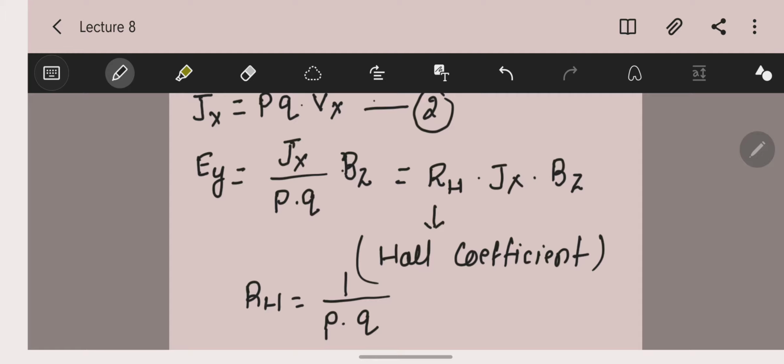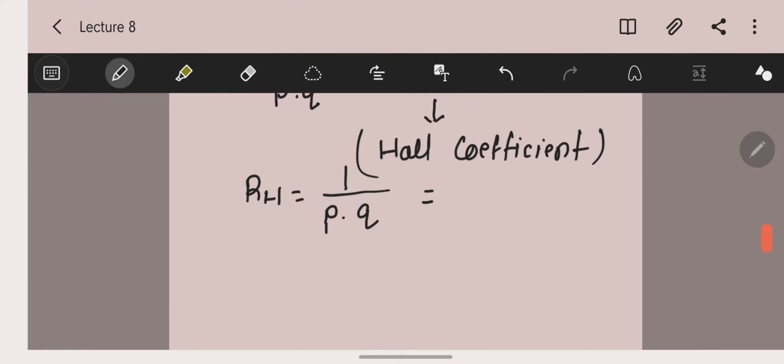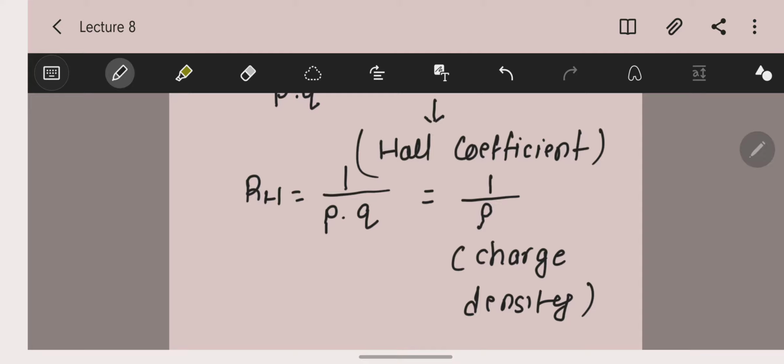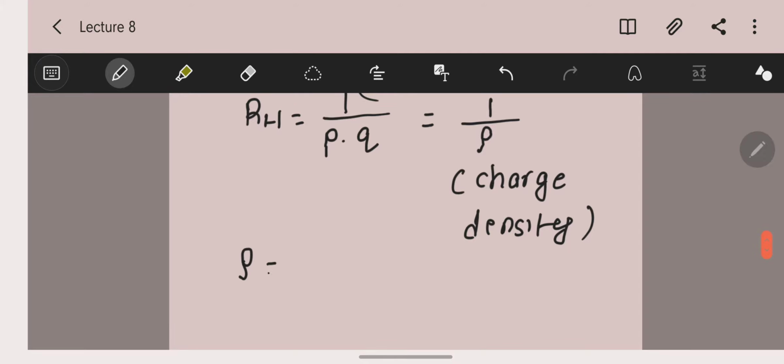P is nothing but the carrier concentration, multiplied by charge, and further I am writing this P into Q product as the charge density. This charge density rho will be equal to P into Q. This is in case of p type semiconductor material. Carrier concentration multiplied by charge is specified as the charge density.